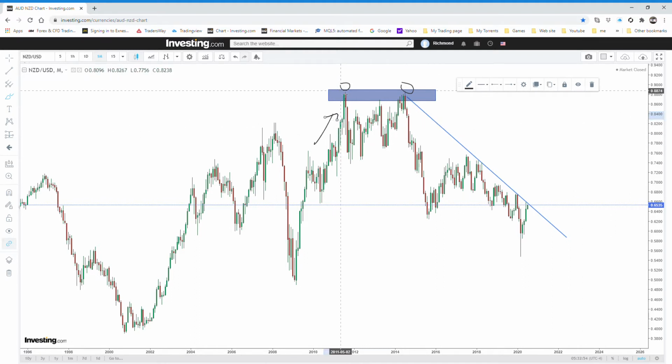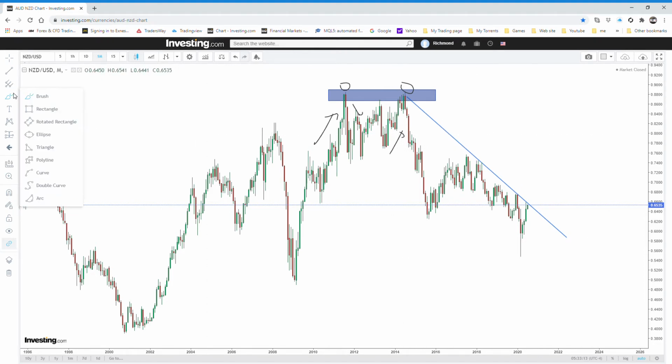After it hit that, it went down and tried to retest again. This was the second one. After it retested, it decided to go back. That's what a double top is. If you're asking, what is a double top, what is this guy talking about, that's a double top.